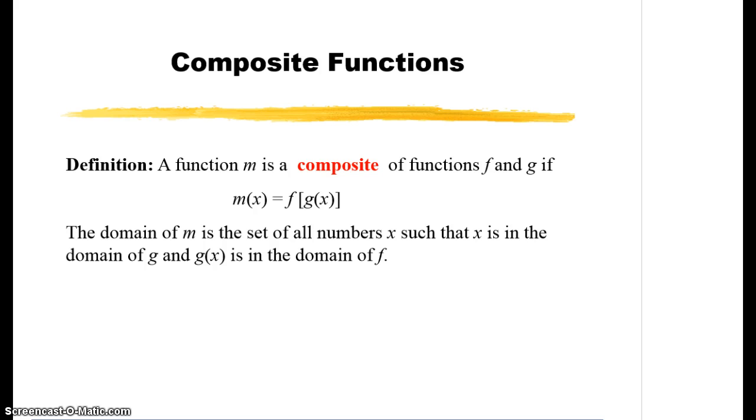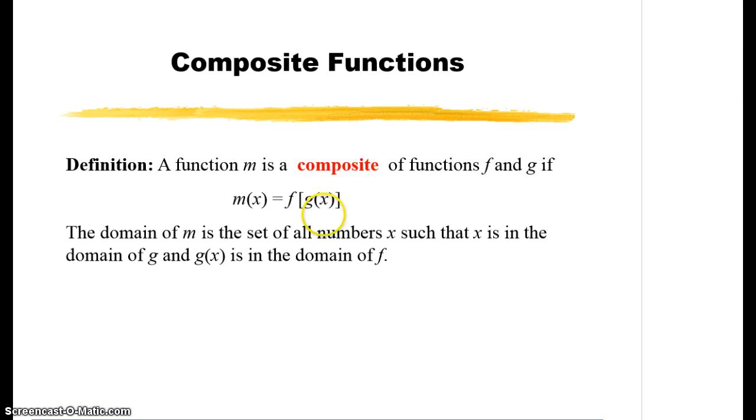A function m is a composite of functions f and g if it can be written as f of g of x. The domain of m is the set of all numbers x so that x is in the domain of g and g of x is in the domain of f.